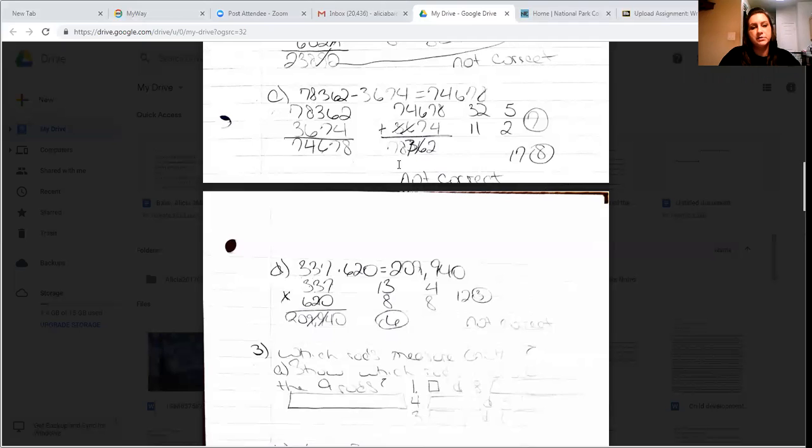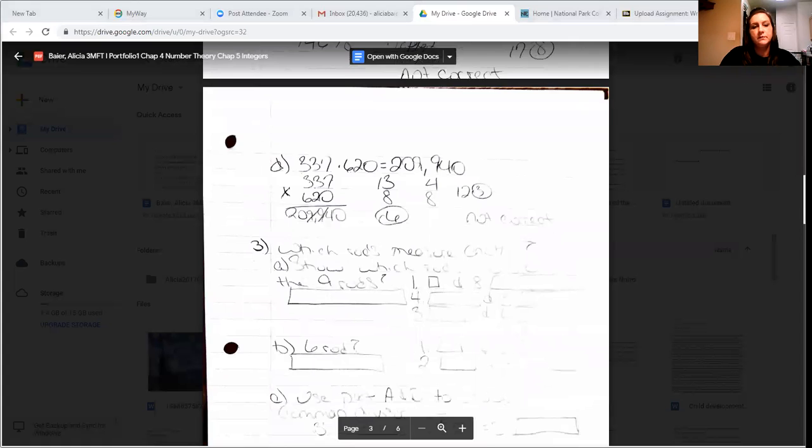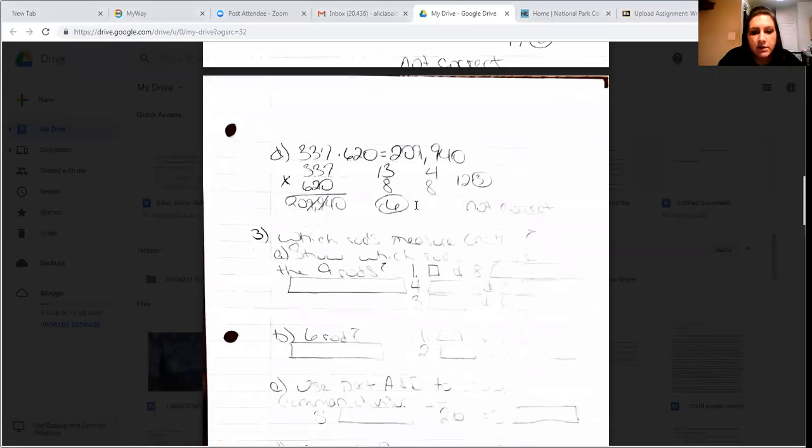And the 6 plus 3, so that'll be 7 and 8. It is not correct. And the last one is also not correct using the 9s.